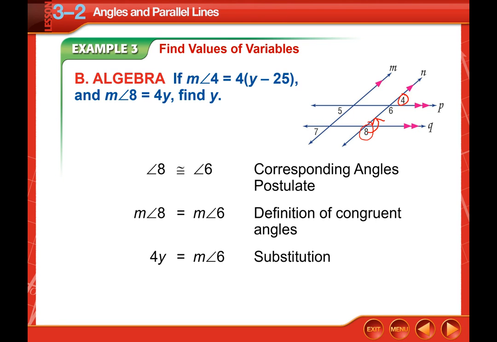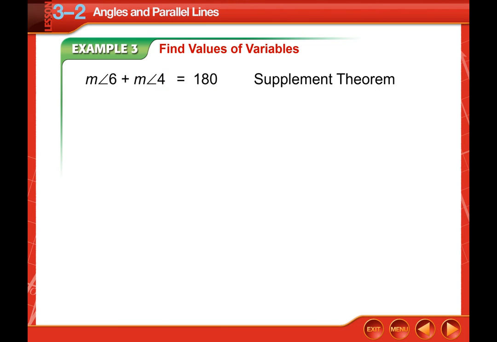We can substitute in their values as a result, that the measure of angle 8 is 4y, and the measure of angle 6 is 4 times (y minus 25) in parentheses. Okay, they say the measure of angle 6 and the measure of angle 4 is equal to 180.